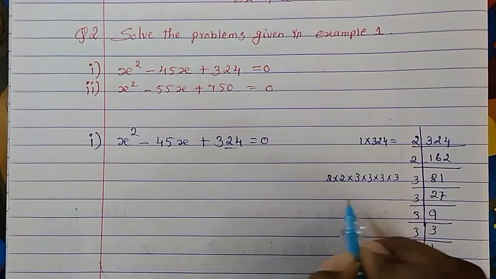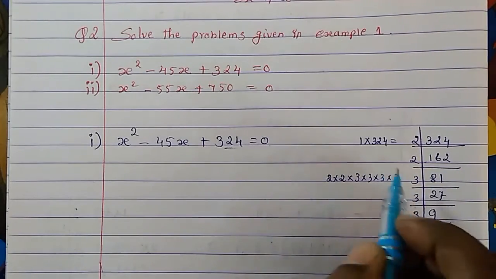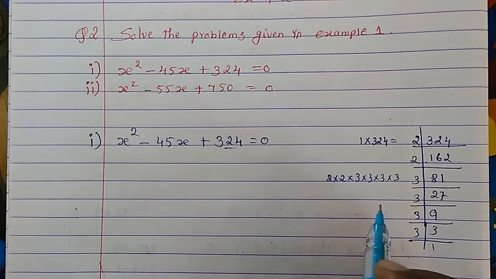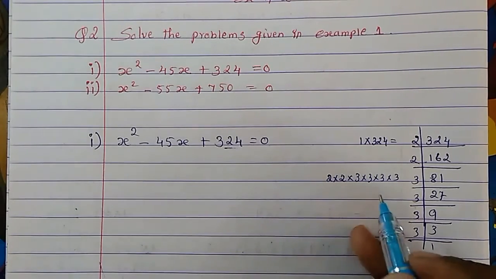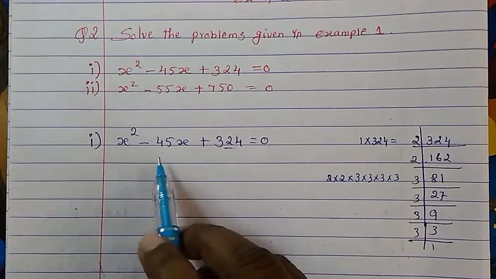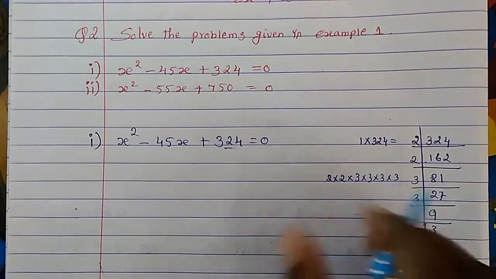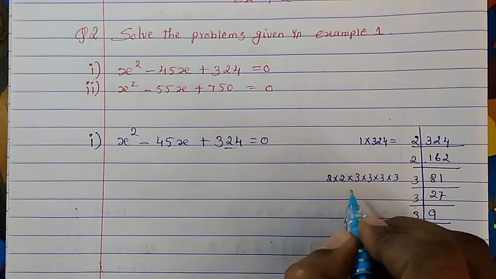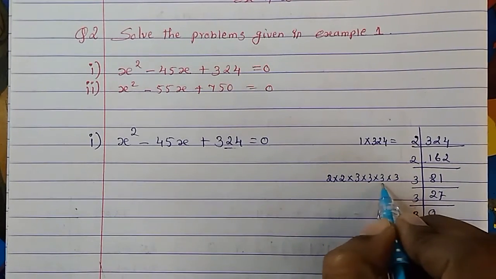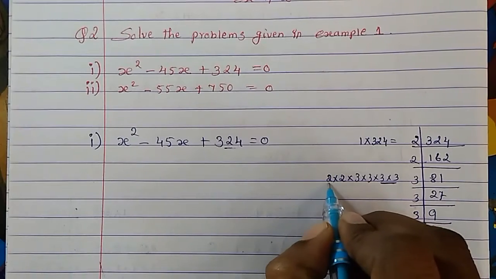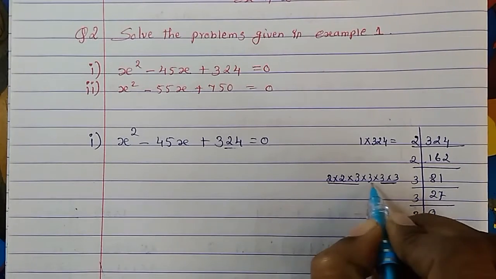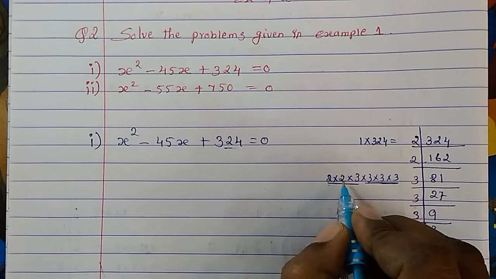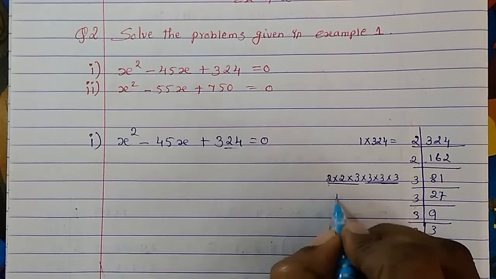So let's pair up and get any two numbers so that by adding those two numbers we get 45. It can be adding or subtracting, we should get the middle term, and by multiplying we should get the last term. Let's see which numbers we can add. This 3 we will take, so 2 2s are 4, 4 3s are 12.